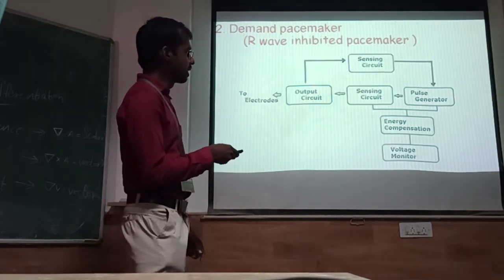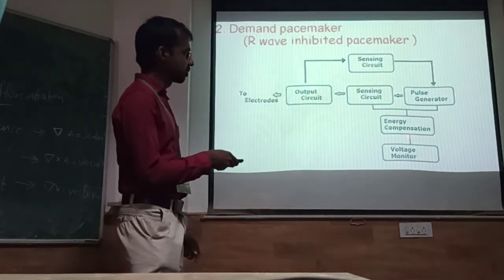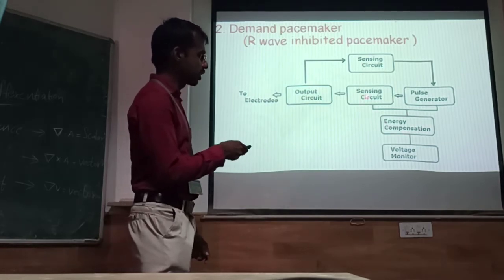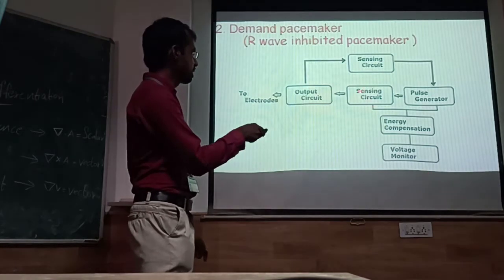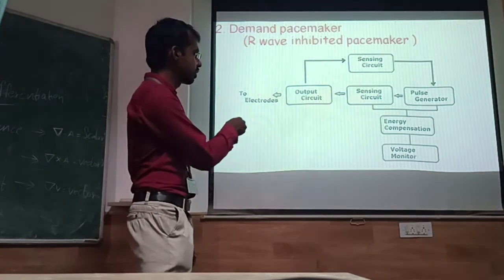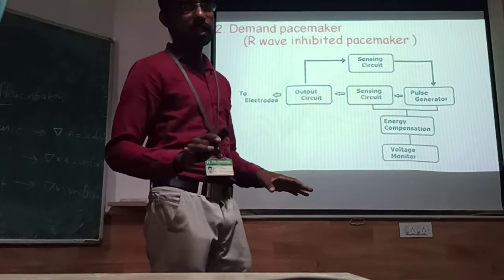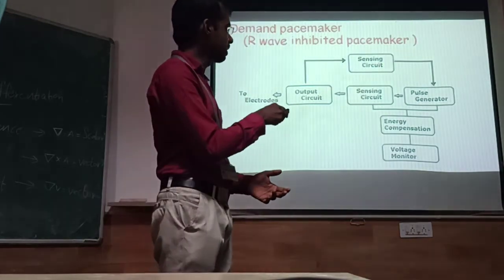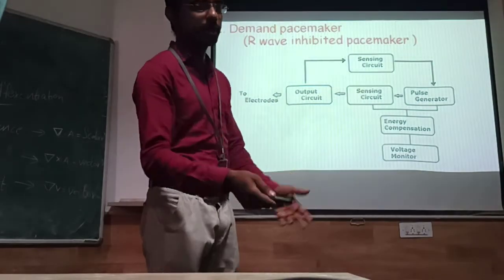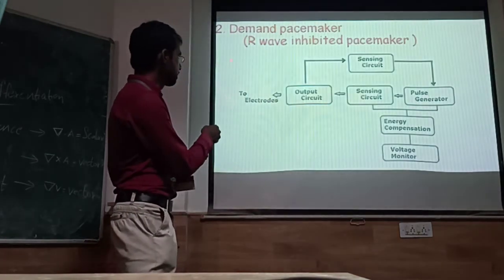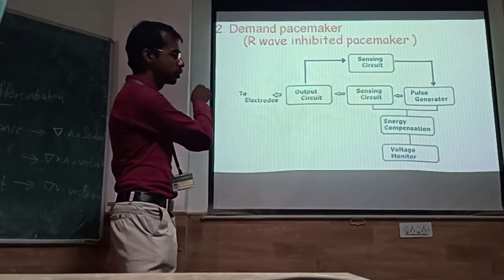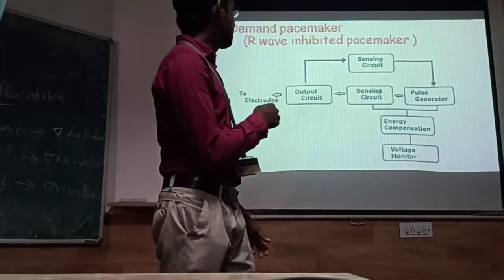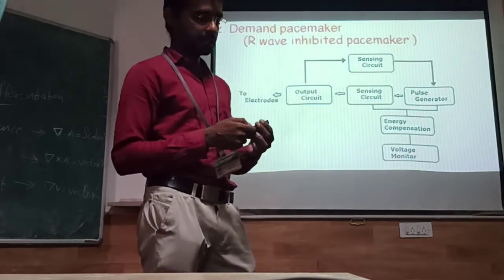Similarly, whenever there is no signal from the sensing circuit, the energy compensation circuit will act, and everything except the sensing circuit goes to sleep. Only when the R wave is missing does the circuit activate everything and the pulse is generated. It is given through the electrodes, meaning through the catheter, and the heart is pumped. So that is the demand pacemaker.